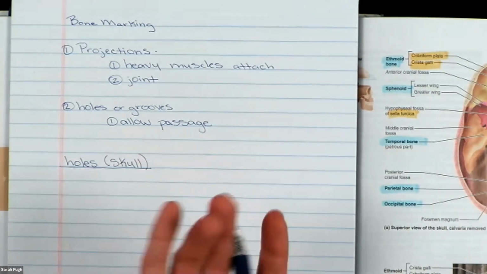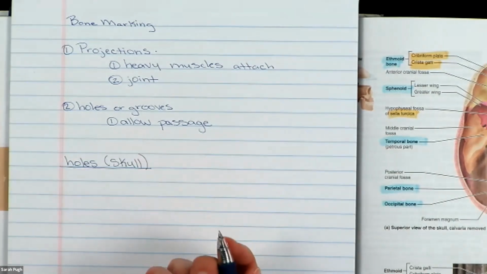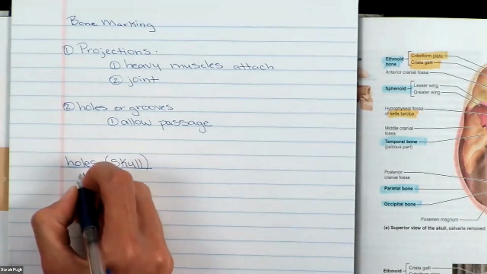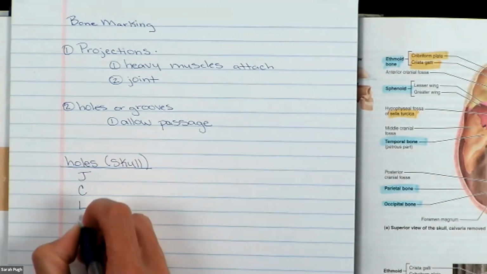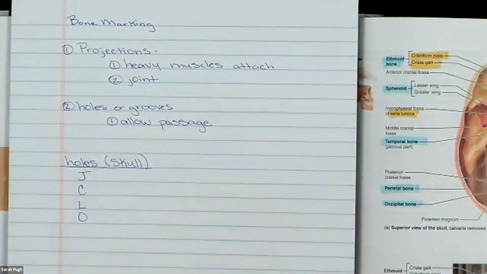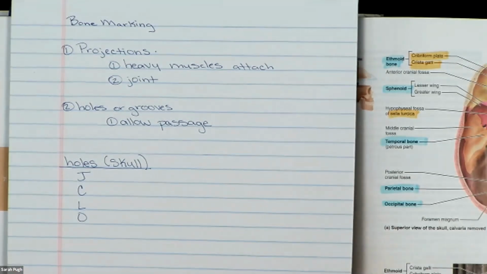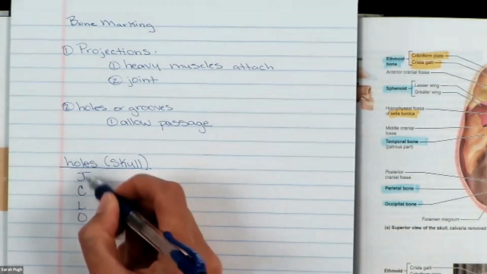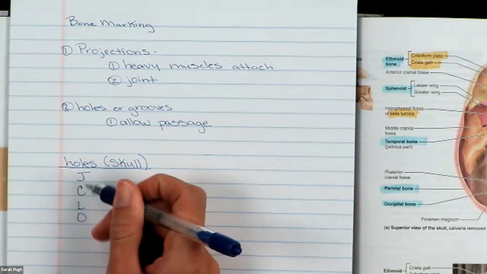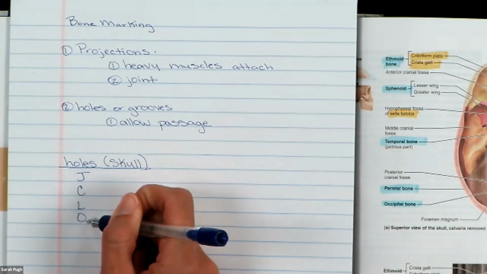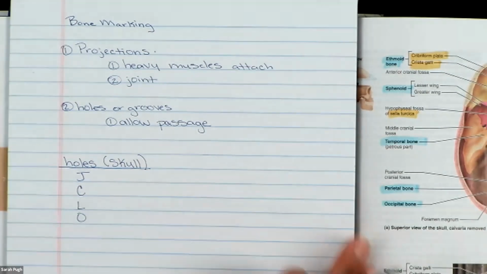I think of the word Jello, J-E-L-L-O, and I remember J-C-L-O. Literally makes no sense. But for some reason, I always just think J-C-L-O. I know it doesn't spell Jello. If y'all have another way to remember this, great. That is how I remember it. And so I'm giving you this little acronym right here, so that as we go over these holes, the first letter of each one of them is the name of those holes, okay?